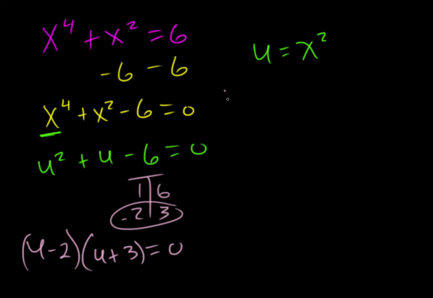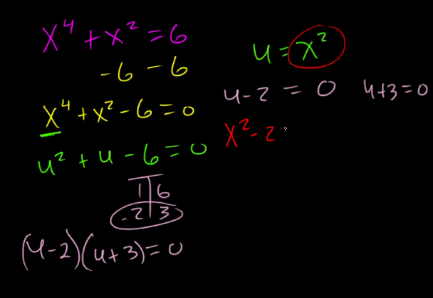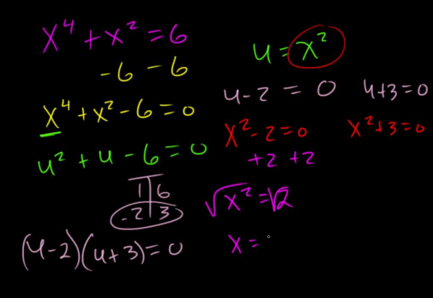And then I'm going to set these both equal to 0. And I'm going to plug this in for the u. So x squared minus 2 equals 0. x squared plus 3 equals 0. Add 2. Square root both.